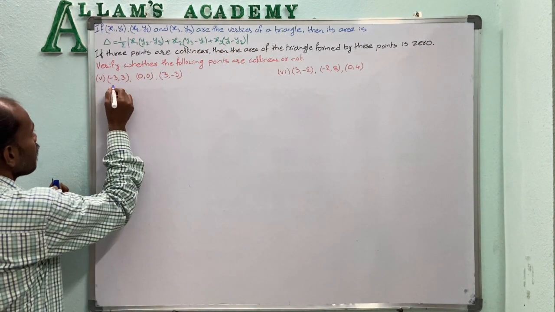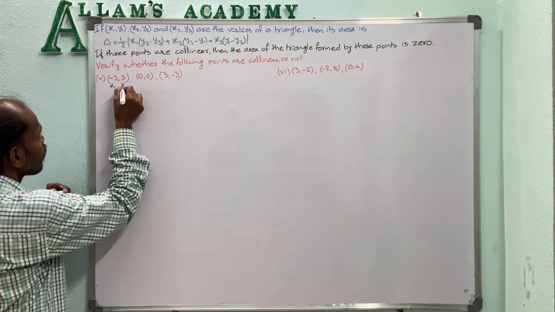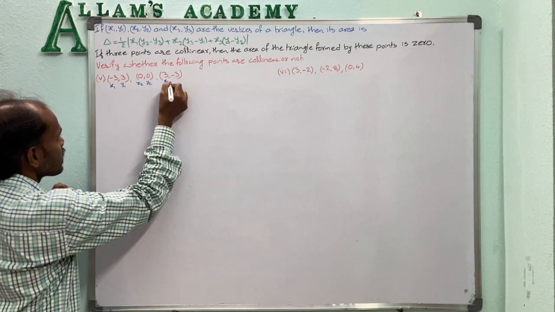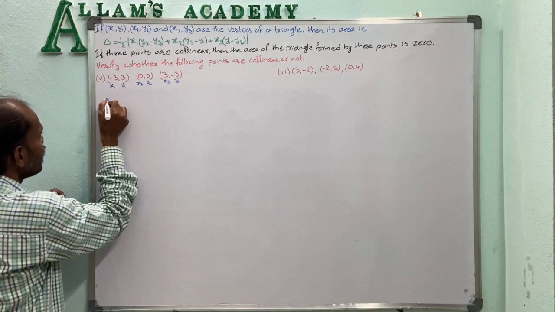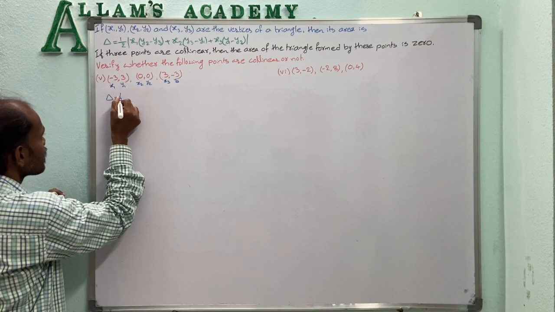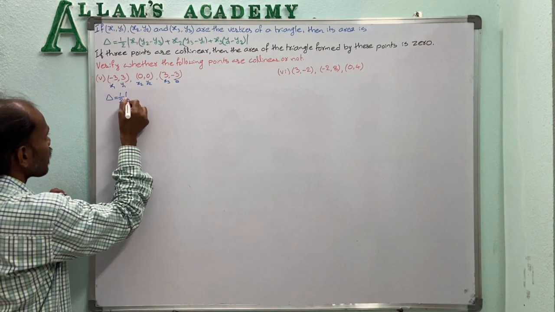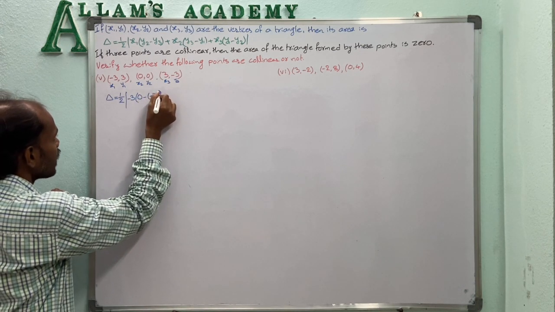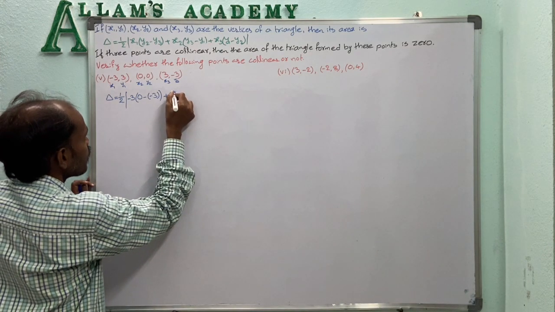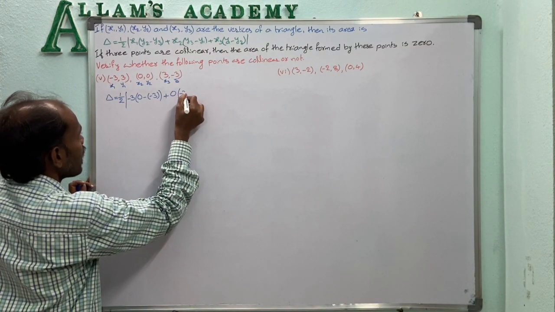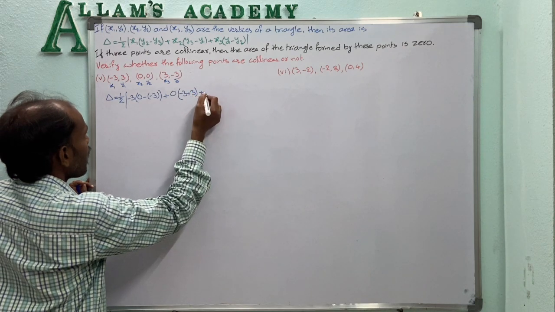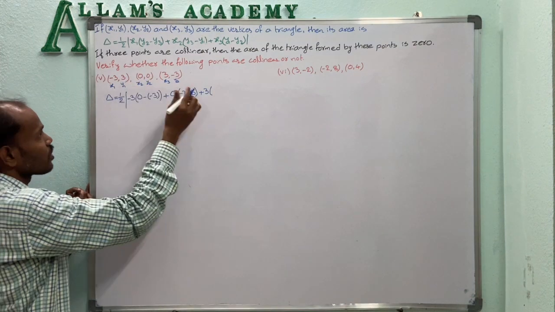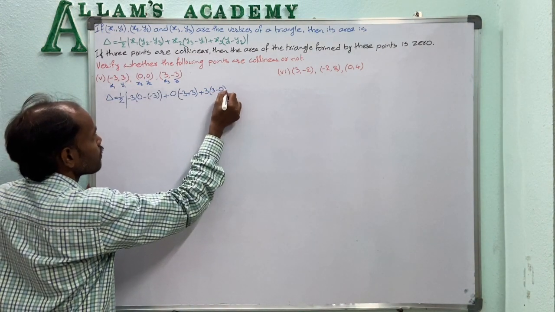Here -3 comma 3 are the x1 y1 coordinates, 0 comma 0 are the x2 y2 coordinates, and 3 comma -3 are the x3 y3 coordinates. Then the area of the triangle delta is equal to half mod x1, minus 3, into y2 minus y3, 0 minus of minus 3, plus x2, 0, into y3 minus y1, minus 3 plus 3, plus x3, 3, into y1 minus y2, 3 minus 0.